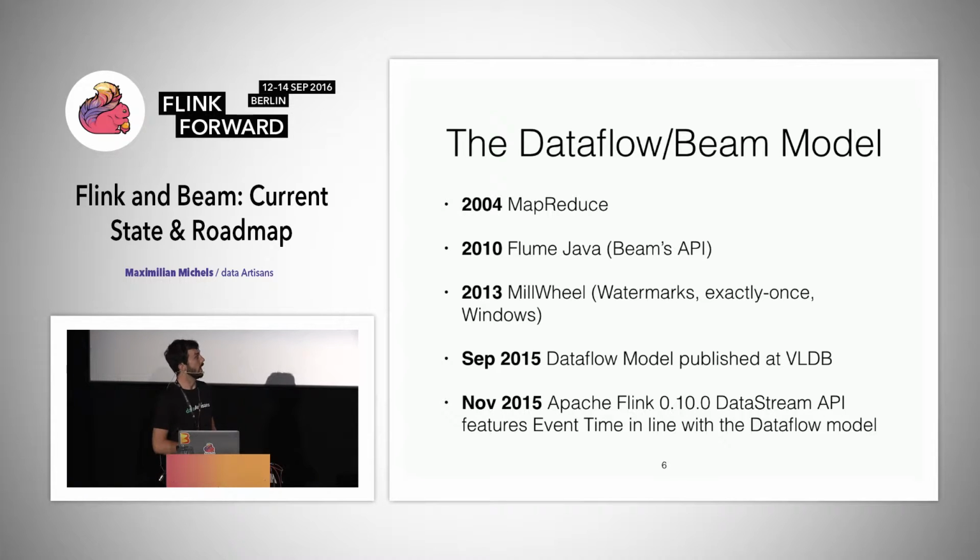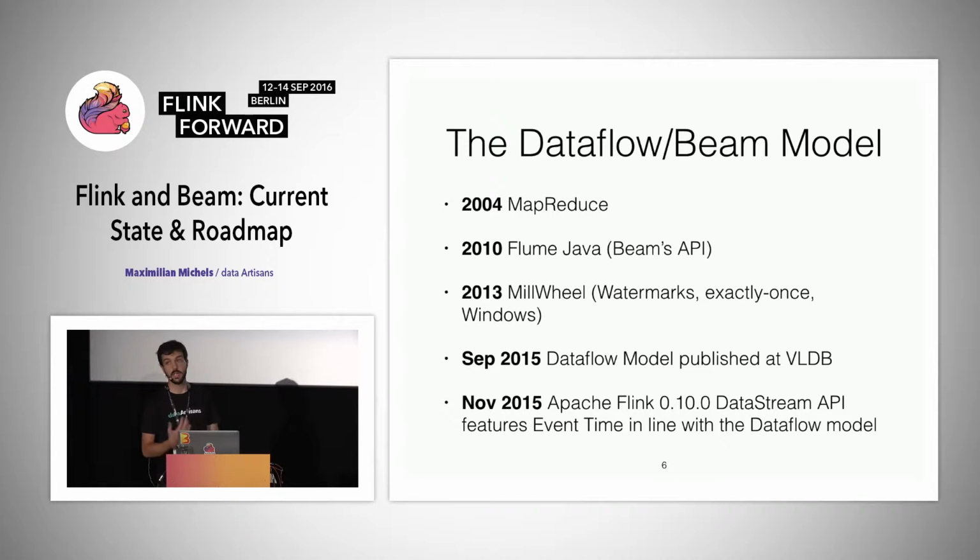And yeah, this has also been a huge impact for Apache Flink. So you can see that only 2 months later, Apache Flink 0.10 actually featured event time. And that is also because we were inspired by all these ideas. A lot of things were already in Flink before, like exactly once.